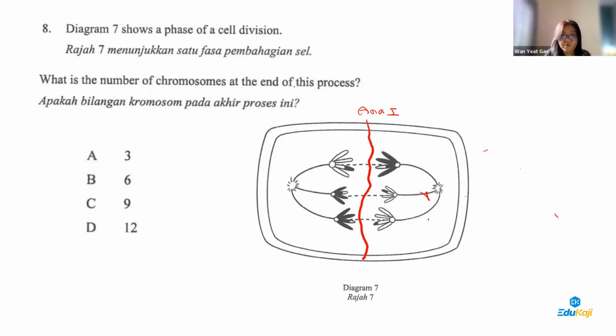So at the end of the process, we'll find that there are only 3 chromosomes, which means at the end of telophase 2, because this cell will divide separately from this cell during prophase 2, metaphase 2, anaphase 2, and telophase 2. So there are only 3 chromosomes left. So the answer is A.